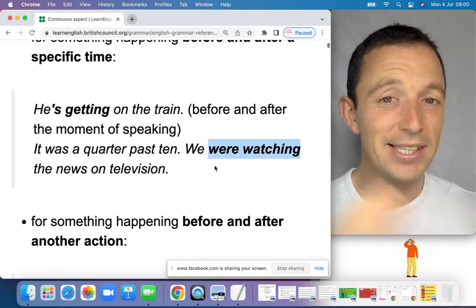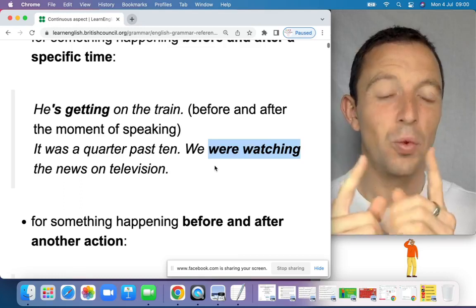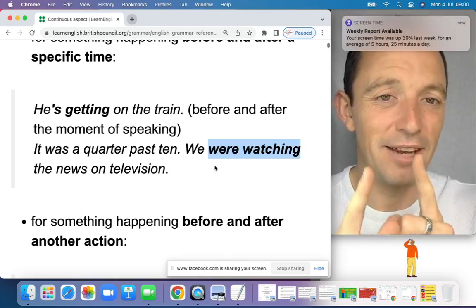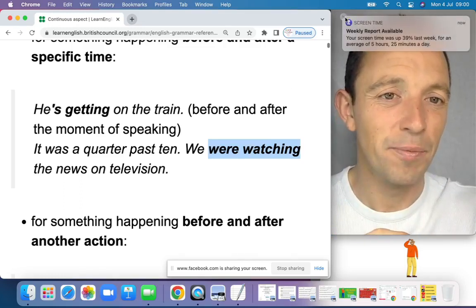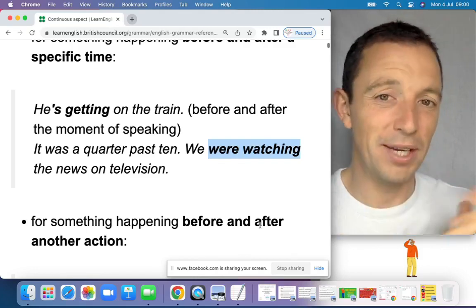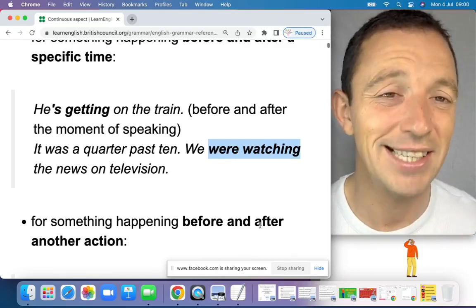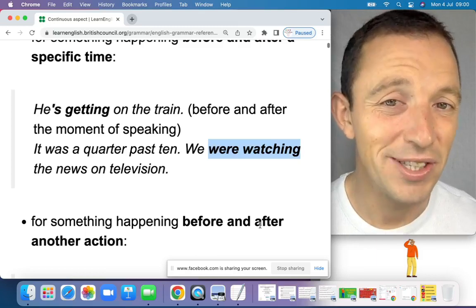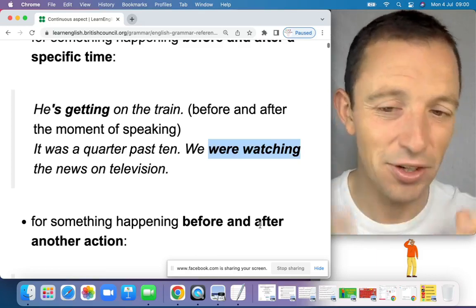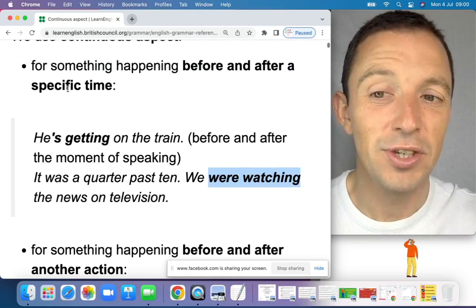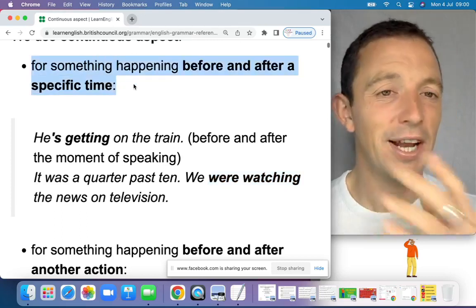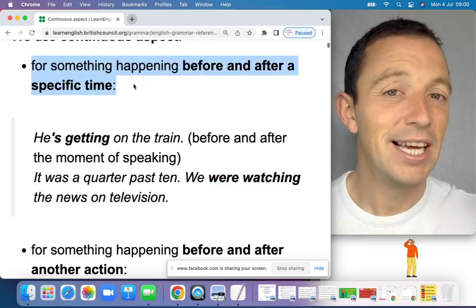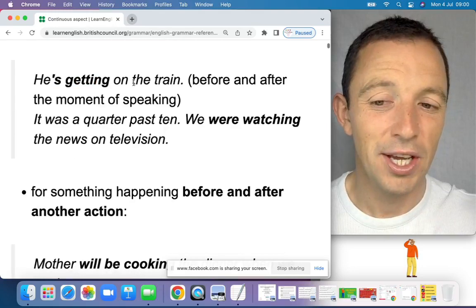Okay, the present would be we are watching the news on television, and the future would also be we will be watching the news on the television. So that is the idea of the continuous aspect or the continuous tense. So this is for something happening before and after a specific time when we use the continuous.